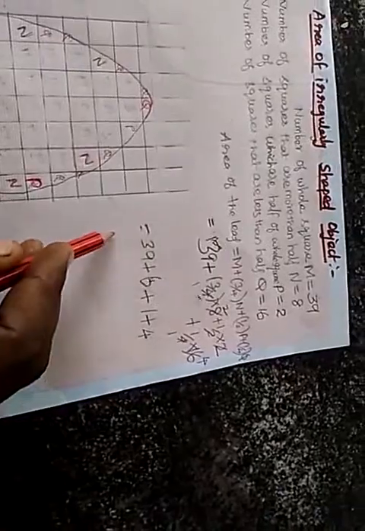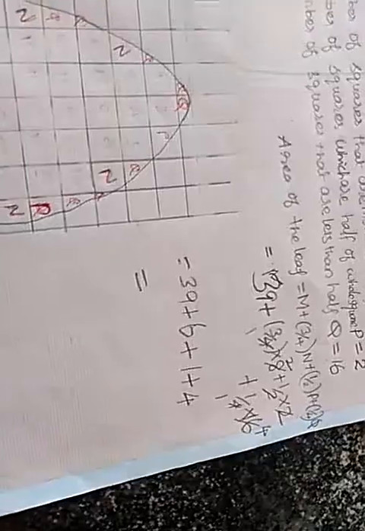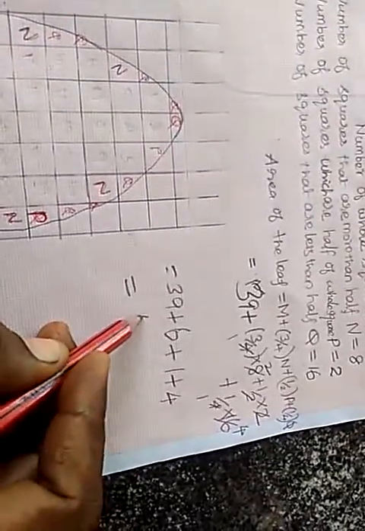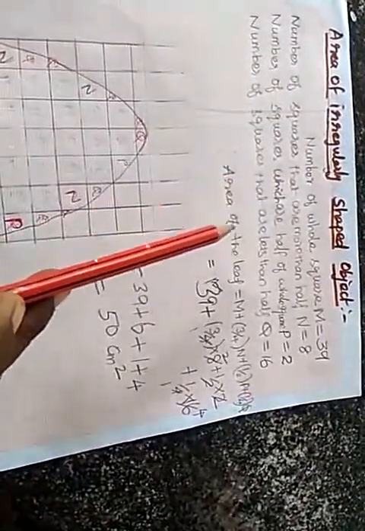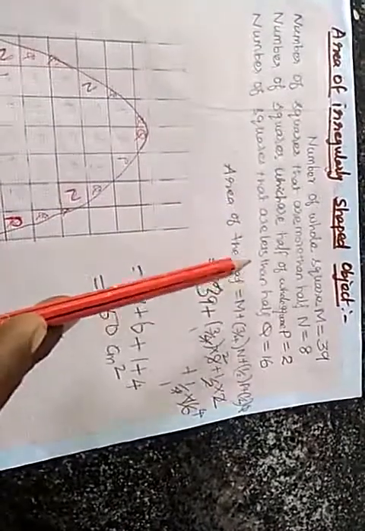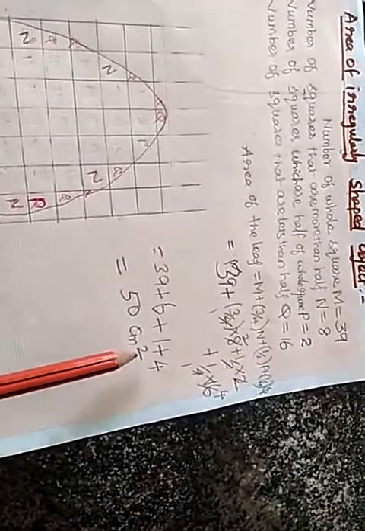Finally we get 50 centimeter square. Students, we calculated the area of the irregularly shaped object, the leaf, and it has the value 50 centimeter square.